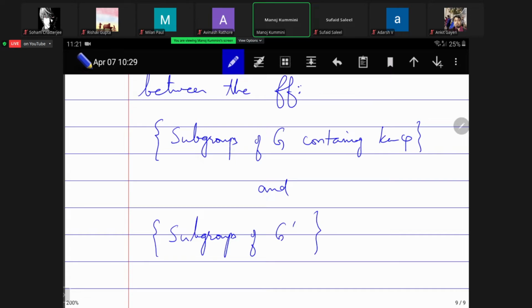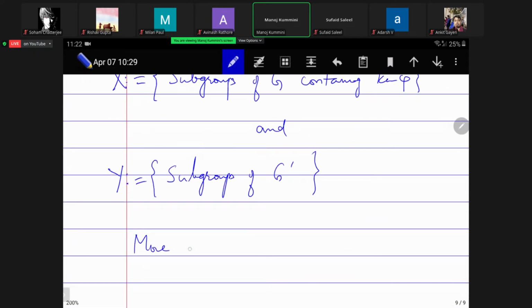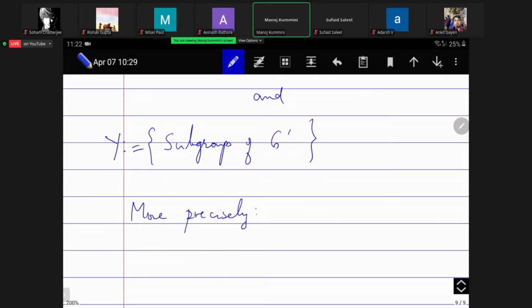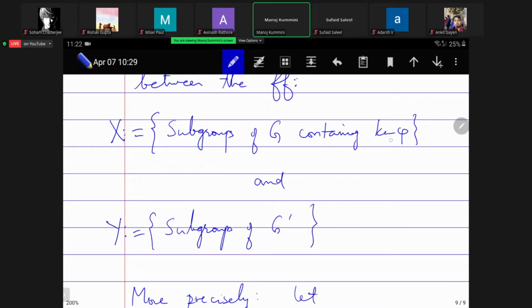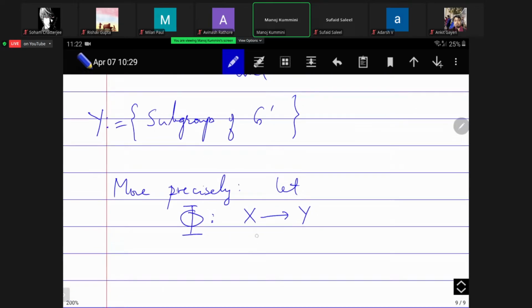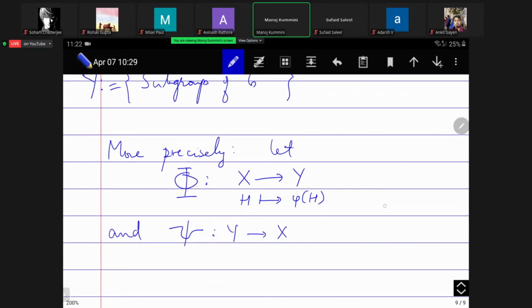Let me call these two sets X and Y. More precisely, let capital phi from X to Y, that is, from the set of subgroups of G containing the kernel of phi to subgroups of G prime, be the map which sends H to phi of H. And let capital psi from Y to X be the map which sends a subgroup H prime to phi inverse of H prime.